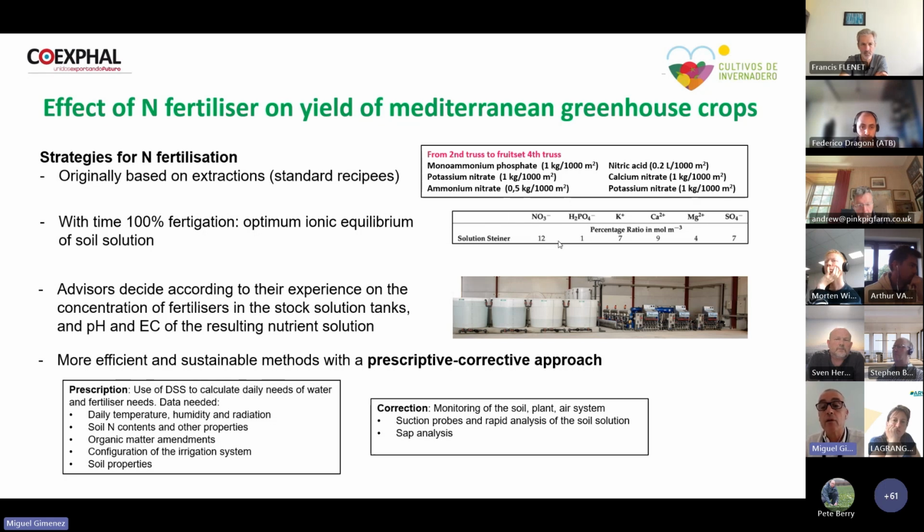But this was the idea, to establish a chemical ionic equilibrium within the soil volume explored by the roots, right? But this was dangerous because the data were not measured. Growers and advisors just relied on their experience, right?